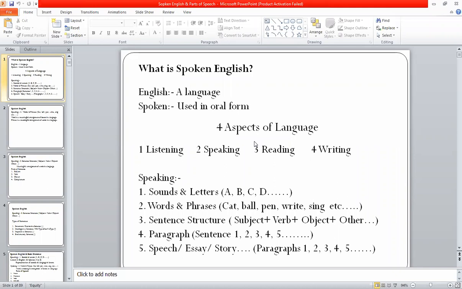We should listen first, then we should start speaking. After speaking, we should read: words, alphabets, paragraphs, speeches, essays, novels, drama books. And the writing aspect comes at the very last. So the fourth aspect is writing.